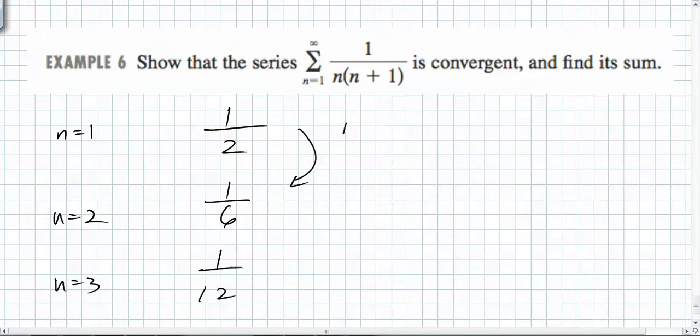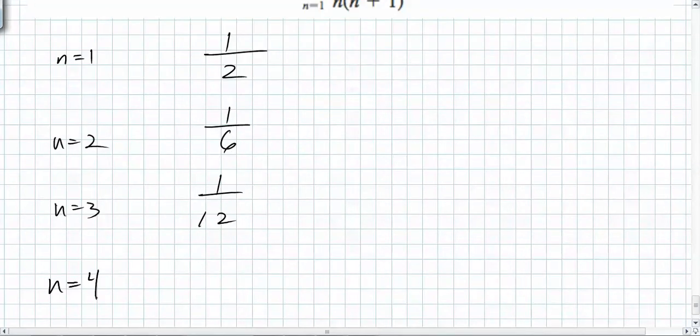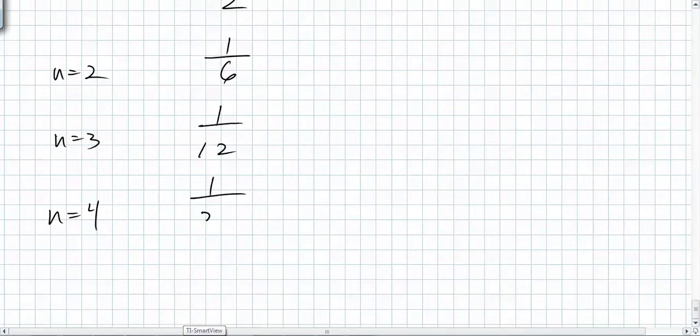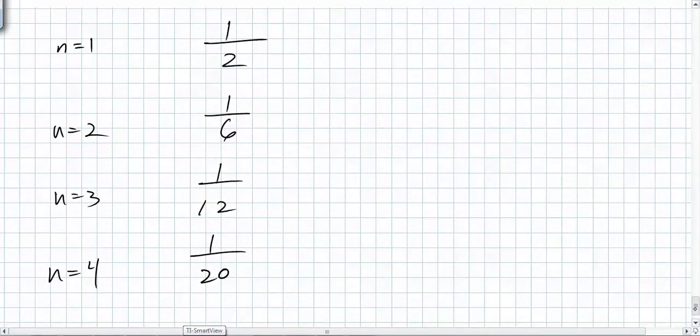So what does it look like we're going here? 1 over... Is it 3? Ooh, so hold on. Let's do another term and see what happens. So n equals 4. What is it going to be? 1 over 20.